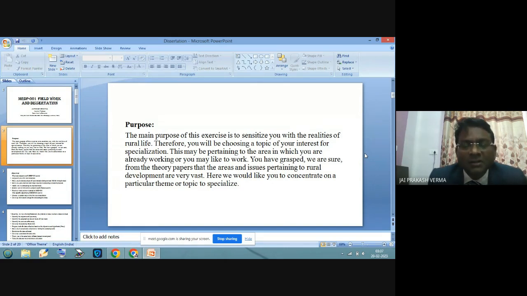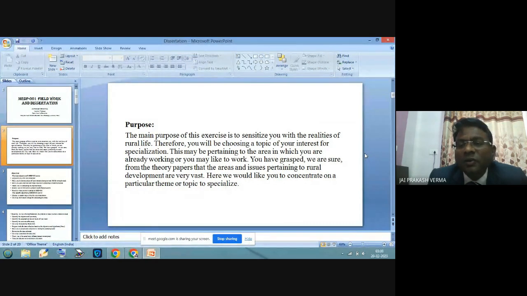Friends, please choose a topic according to your interest, and it must be related with rural development, rural community, rural realities, or rural programming. So interest and relevancy of the topic are very important. Before choosing the topic, these two main things must be kept in mind.